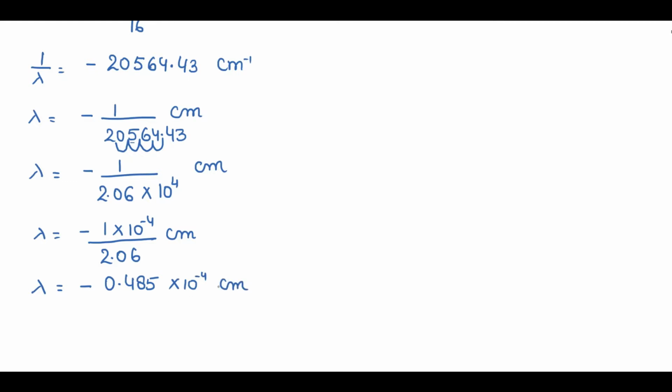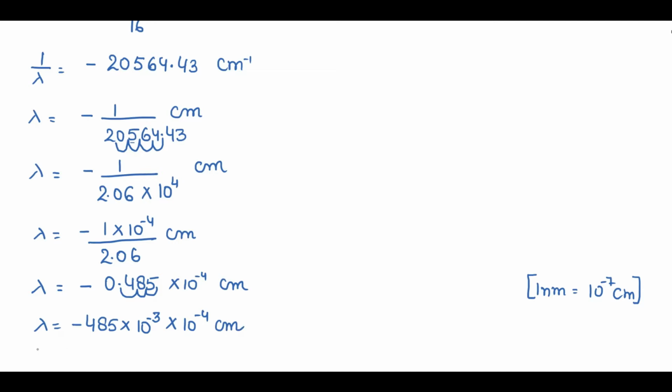I want to convert this centimeter into nanometers. In 1 nanometer, we have 10 raised to power minus 7 centimeter. For this, I'll simply displace the decimal by 3 digits, from left to right. So I'll take the power in negative terms. The decimal is displaced by 3 digits, so the power will be 10 raised to power minus 3 into 10 raised to power minus 4 centimeter.